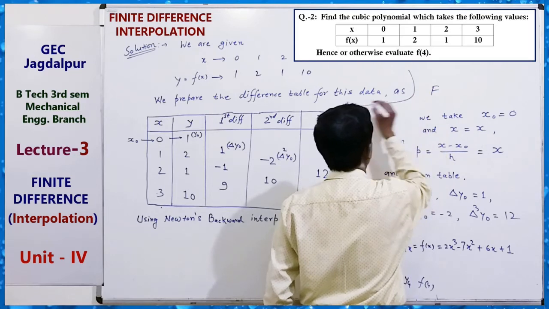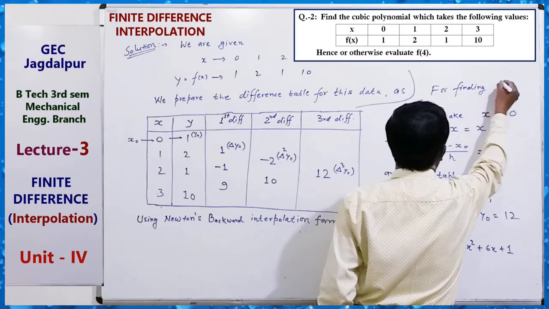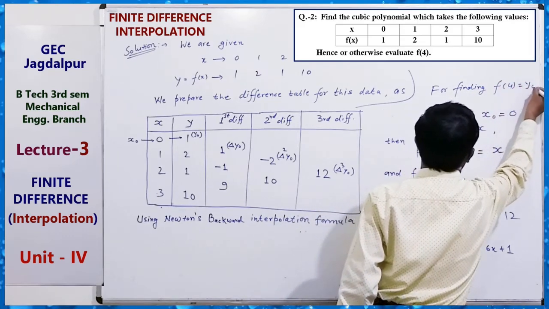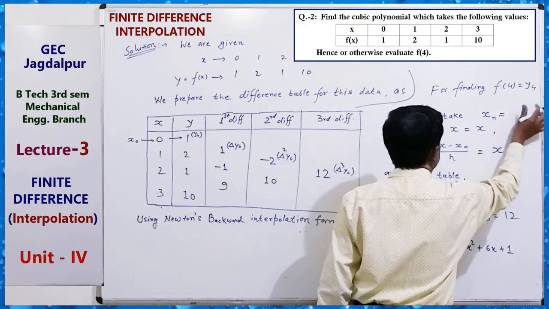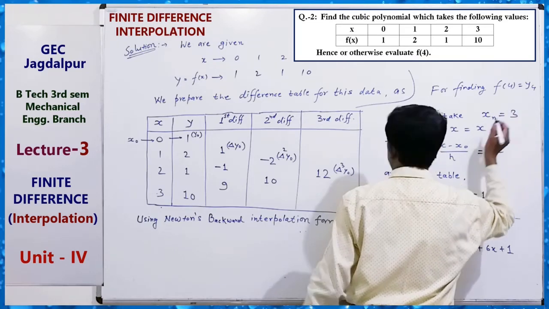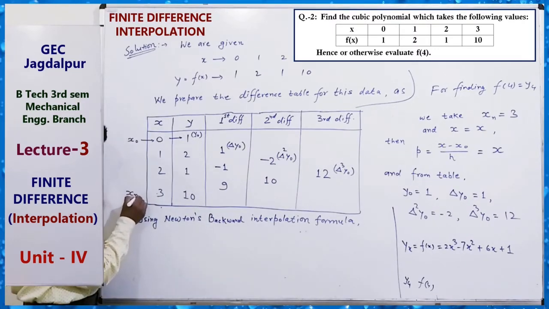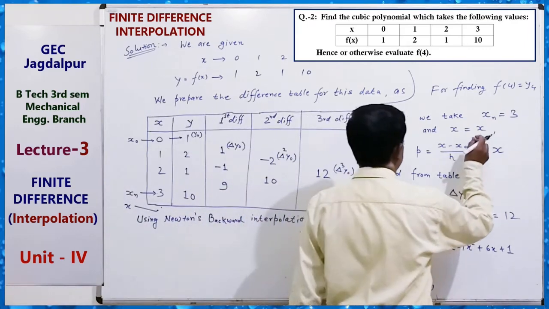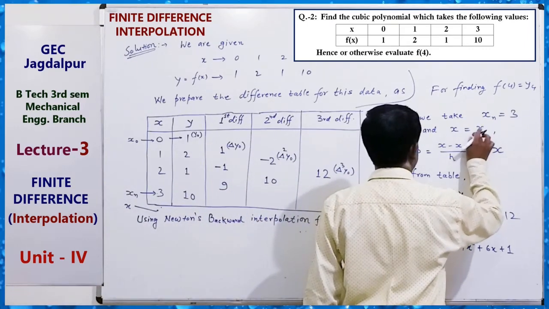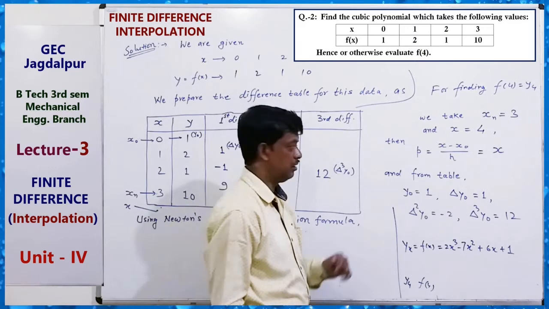For finding f4, that is y4, we take xn equal to 3, and x is 4.